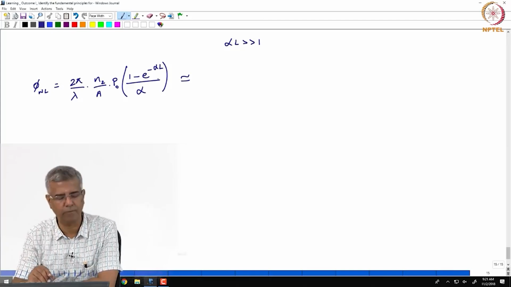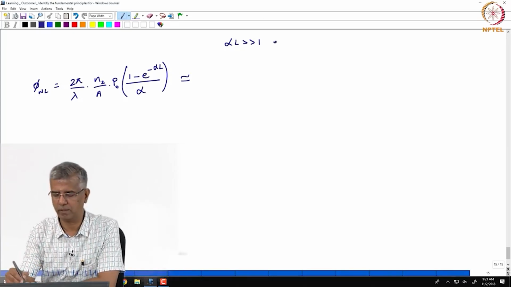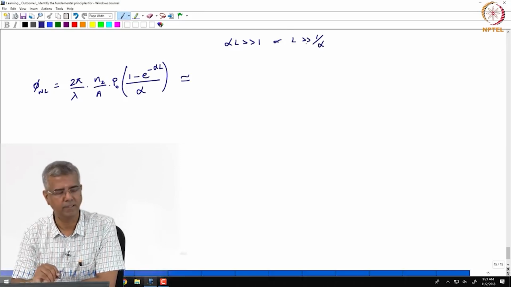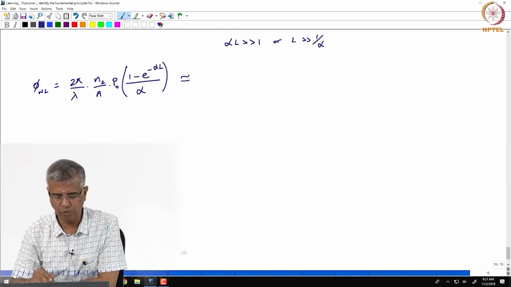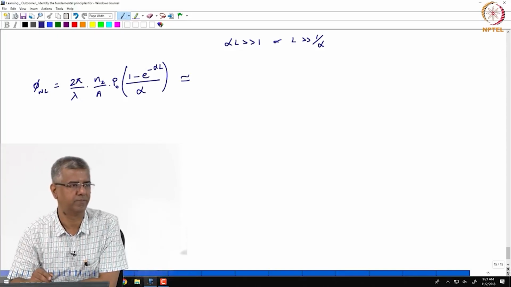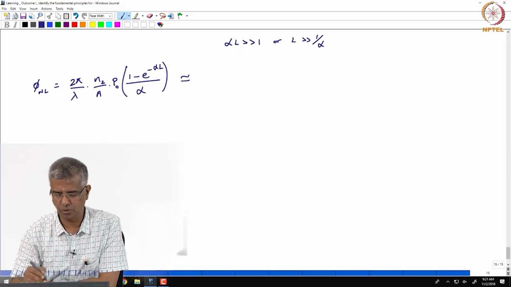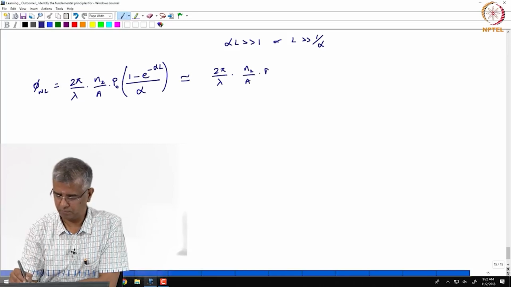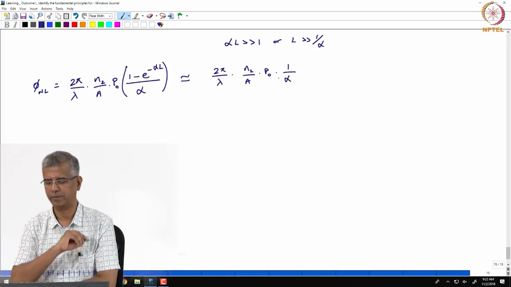If alpha L is far greater than 1, or L is far greater than 1 over alpha, then what we find is e power minus alpha L is a negligible number. Then you can just represent this as 2 pi over lambda n2 over a P naught multiplied by 1 over alpha.